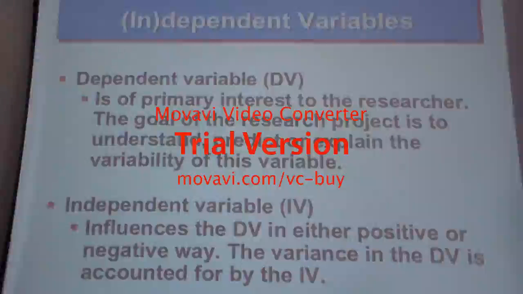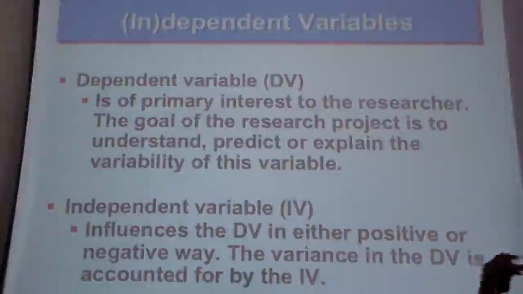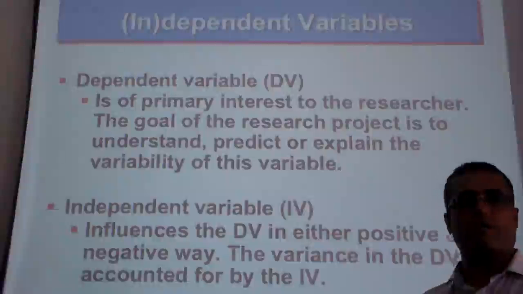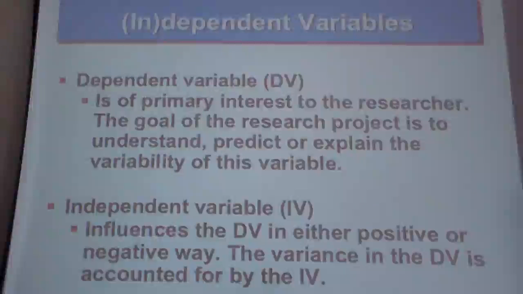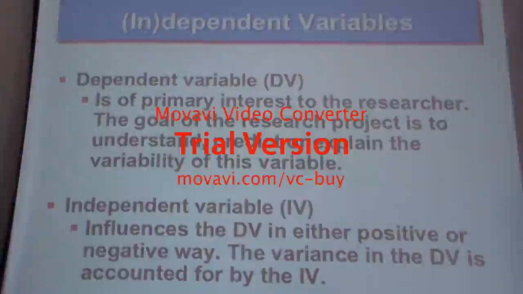Okay, so this is the primary variable. This is the main variable. We need to understand this variable. We need to predict. Predict means to know the value without any information. Have you heard about predict or prediction?